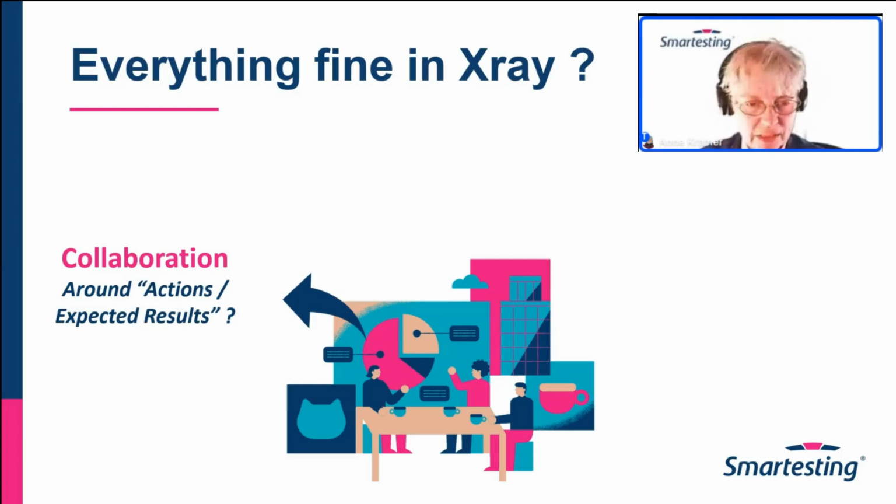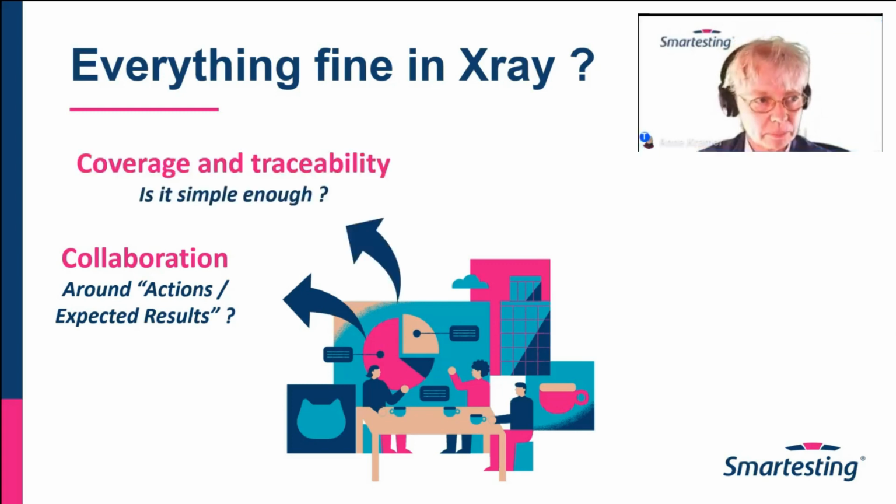And with the test cases it's even worse, because a test case may, especially if they are short, cover just one aspect, and you may have several test cases per user story. So it is difficult to keep the overview of what you already test and what you have not yet covered, just looking at the actions and expected results.